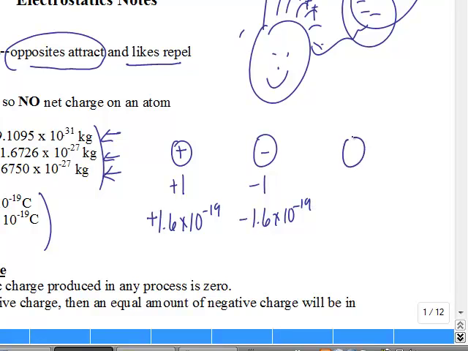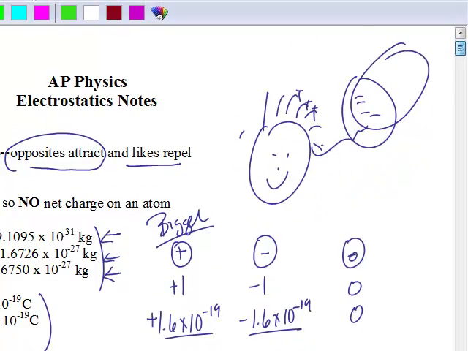A neutral object has no charge at all. A proton is much bigger than an electron, about 2,000 times bigger. However, the electron has the same magnitude of charge, just an opposite sign.